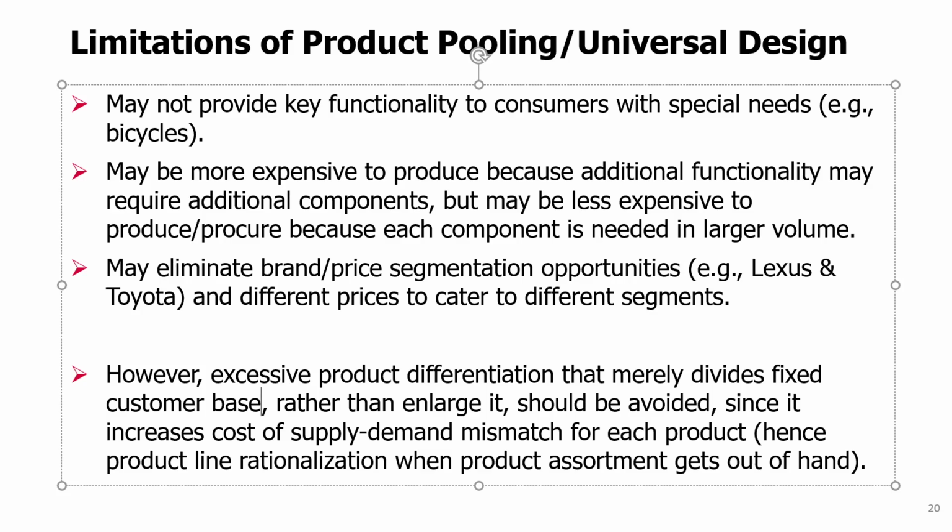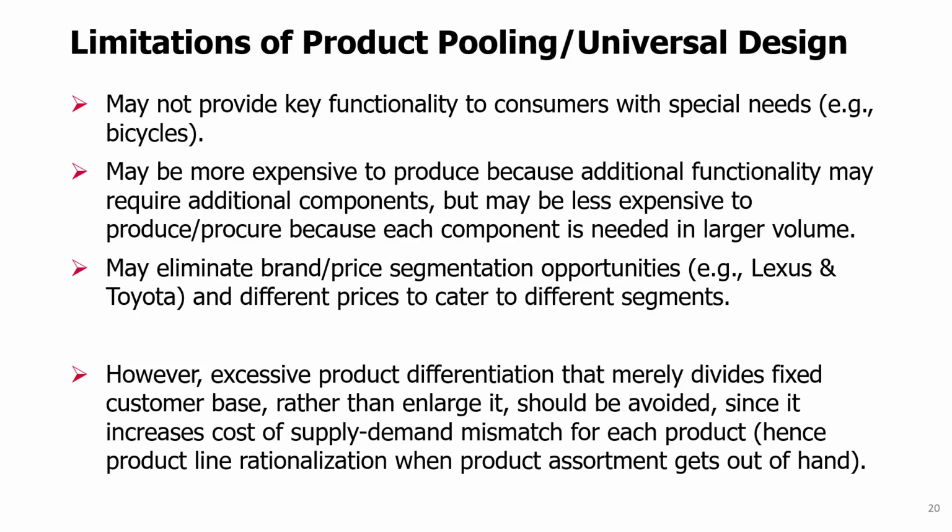So it is important to consider some kind of product line rationalization, right? And a lot of companies have a lot of variants of the products, this gets out of hand, and that actually creates an increased cost of matching supply with demand, without actually benefiting us in terms of, for example, increased sales.